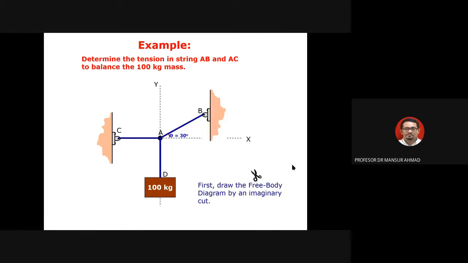I'm going to use this free body diagram, FBD, to make a cut. An imaginary cut. Kalau cut structure betul-betul tak boleh pergi gunting betul-betul kan, putus nanti. Make an imaginary cut. Bayangkan. So I'm going to make an imaginary cut right now. Cut, cut and cut. Nampak tak? So that is the cut that I made.